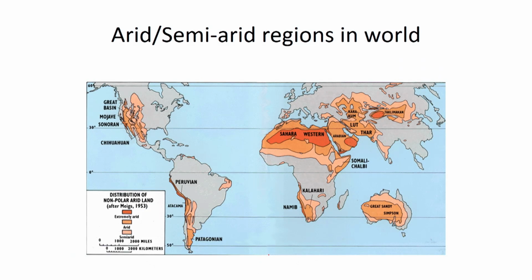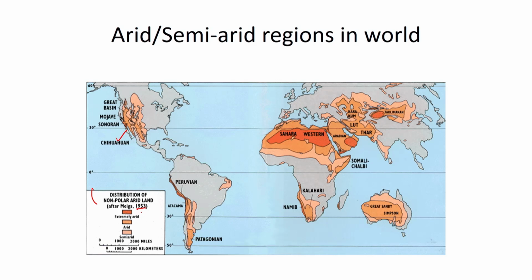Before we start, we need to know what the arid and semi-arid regions in the world are. This is very important, and the map is given for the non-polar regions, after 1953.